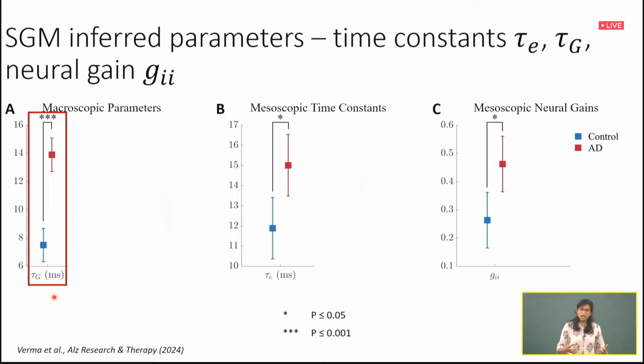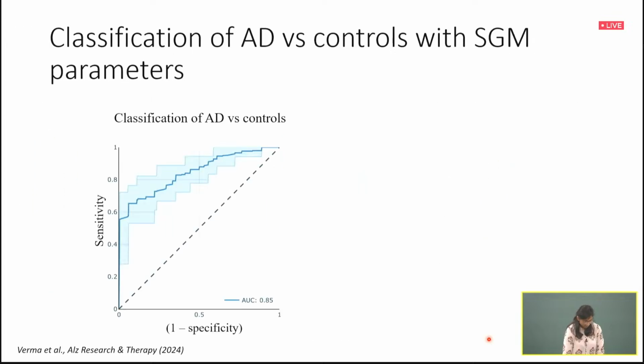But do these parameters have any significance, in the sense that can they be used as markers of disease? To test for that, we developed a machine learning classifier with all these parameters as features, and then we tested if we can use these parameters to classify Alzheimer's disease from healthy controls accurately. This is how the ROC curve looks for classification, and the area under the curve is 0.85.